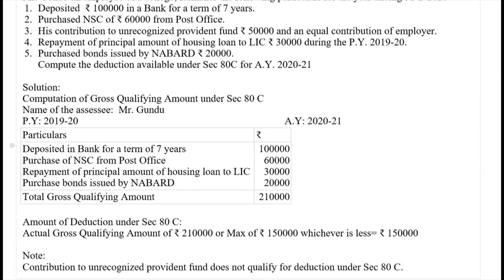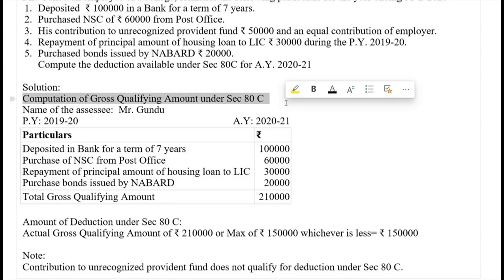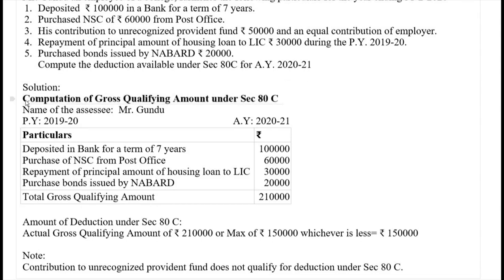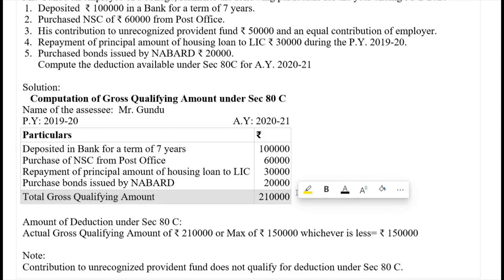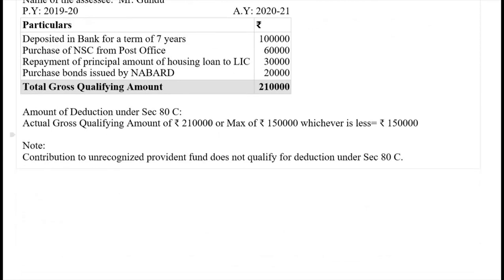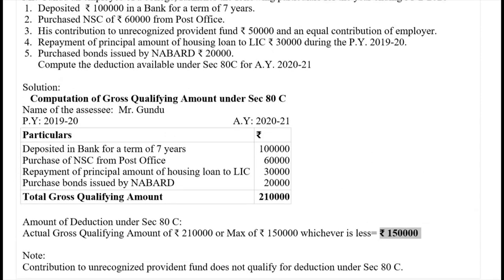So let me make this bold here so that it will be more clear. So this is a very simple problem. Only thing we should remember are the provisions, which amount will qualify, which deposit will qualify. If we remember this much, absolutely there is no difficulty in solving this.